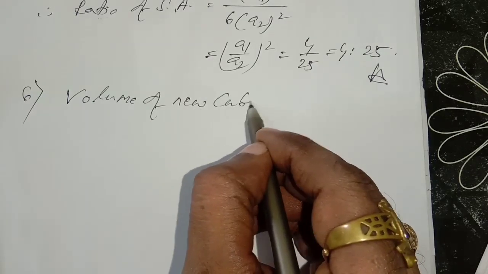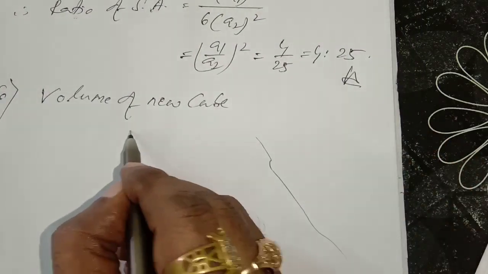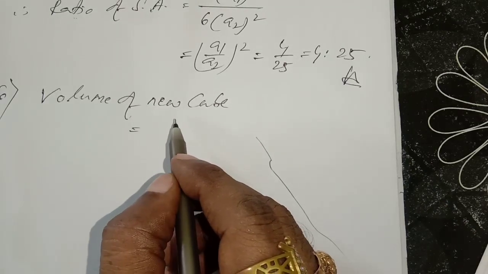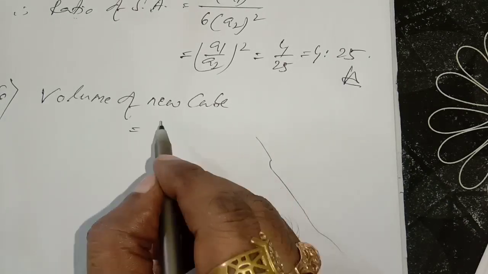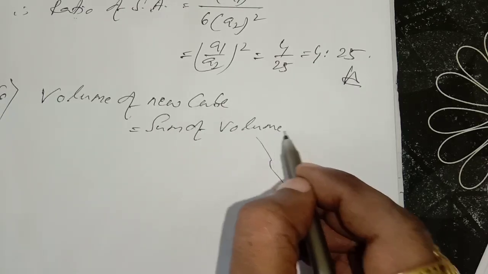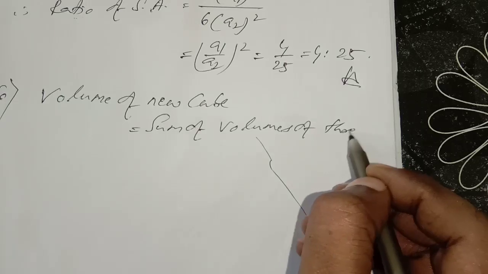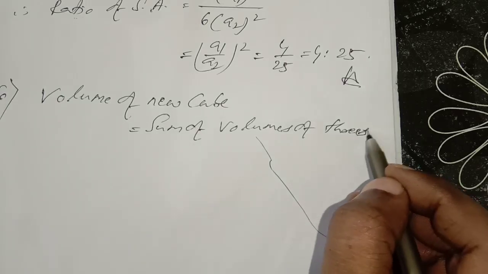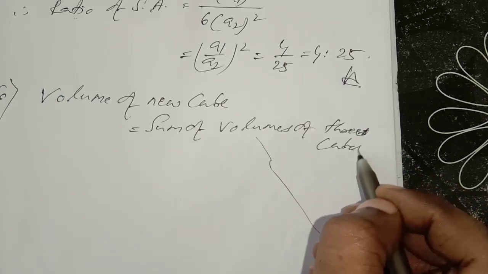According to the question, the volume of the new cube is equal to the sum of the volumes of the 3 cubes.